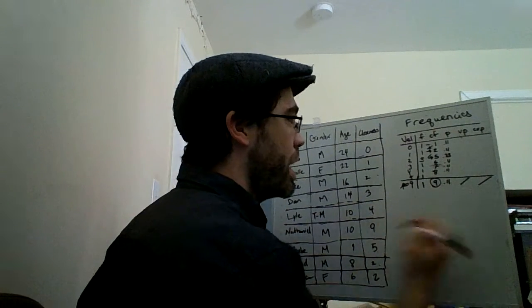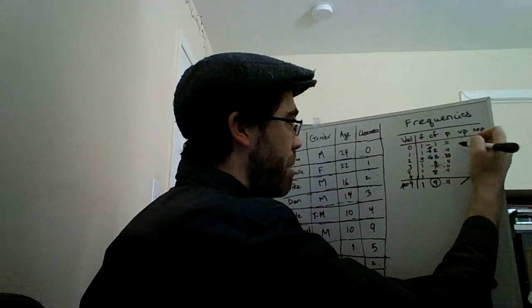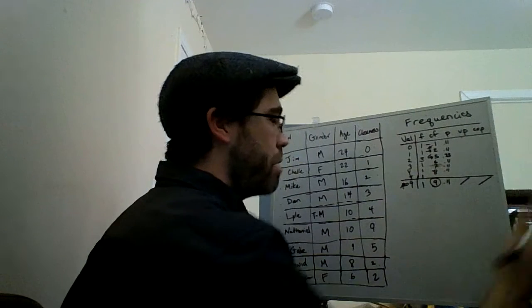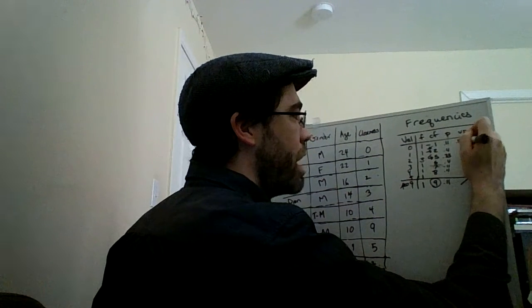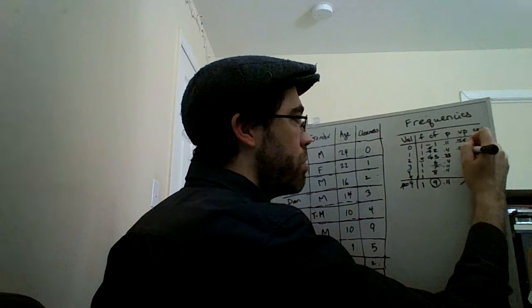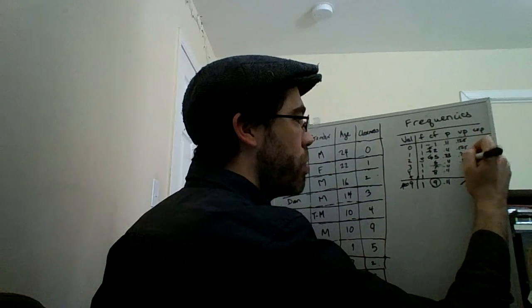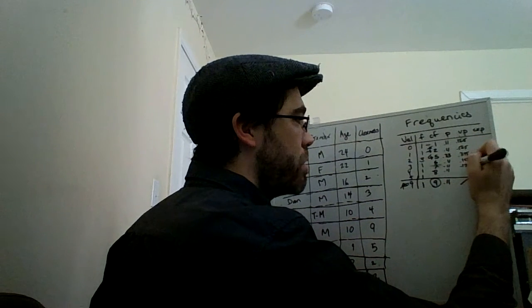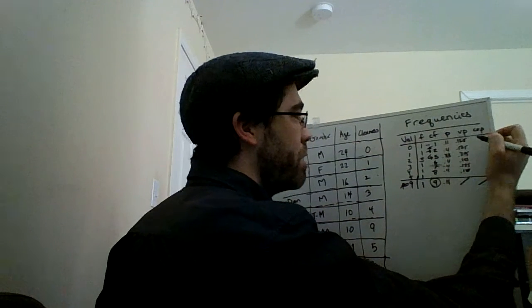This 9, that's missing data because that's me and I can't be close or not close to me. I'm just there. So the valid proportion is out of 8 instead of 9, so this is going to be 0.125. If you have no missing data, that'll be the same as the proportion. So 0.125, 0.375, 0.125, 0.125.